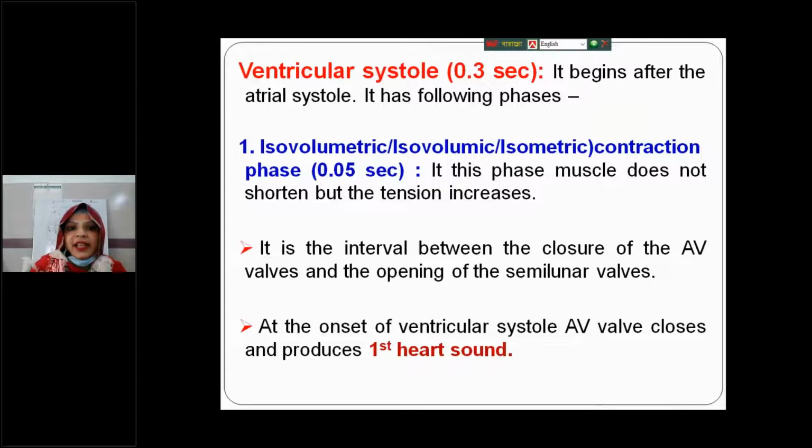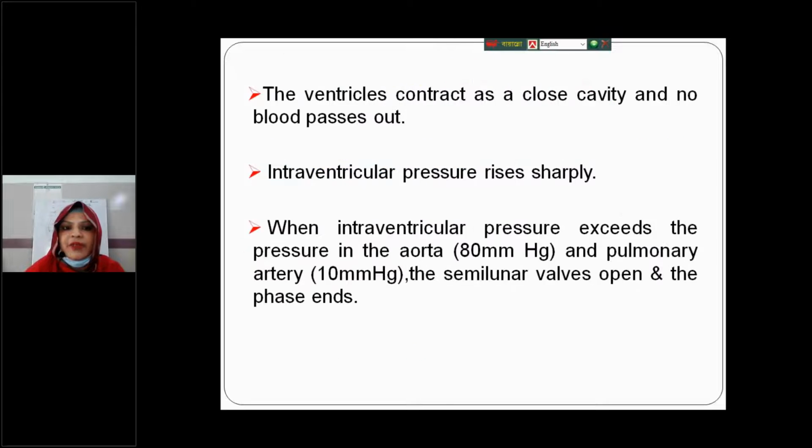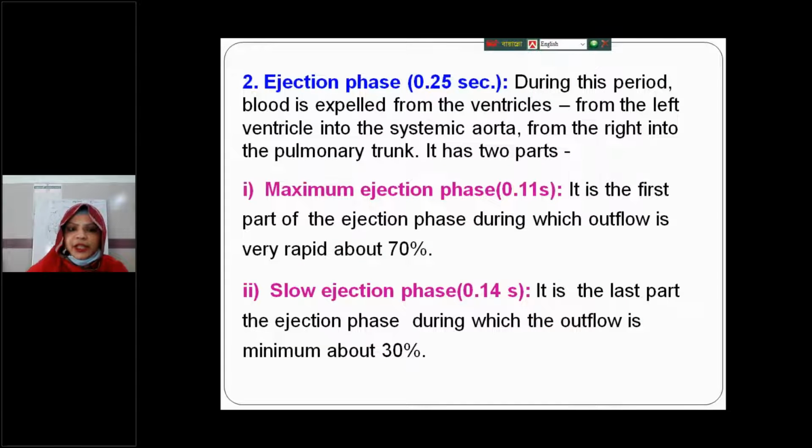Now, we discussed that in ventricular systole there are three phases: isometric contraction phase, and number two, ejection phase. We can divide the ejection phase into two phases: maximum ejection phase, in which maximum blood passes from the right ventricle and left ventricle, and slow ejection phase, in which minimum blood passes. During the ejection phase, blood is expelled from both ventricles.